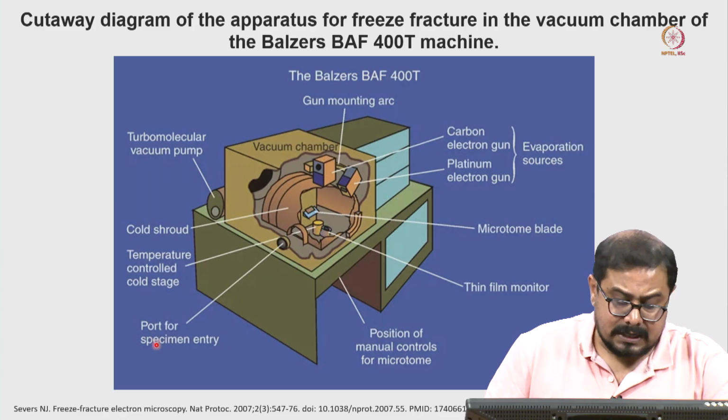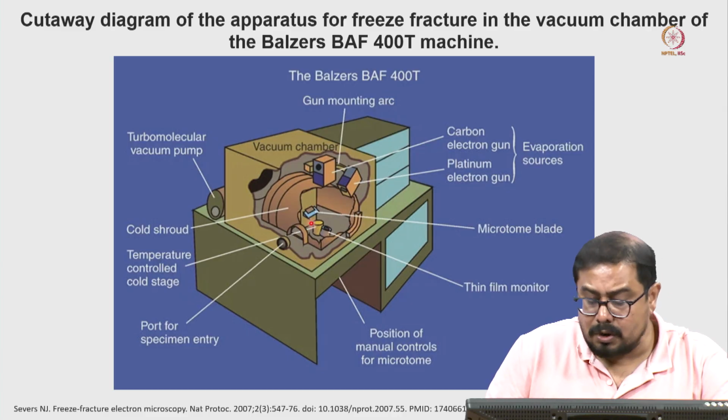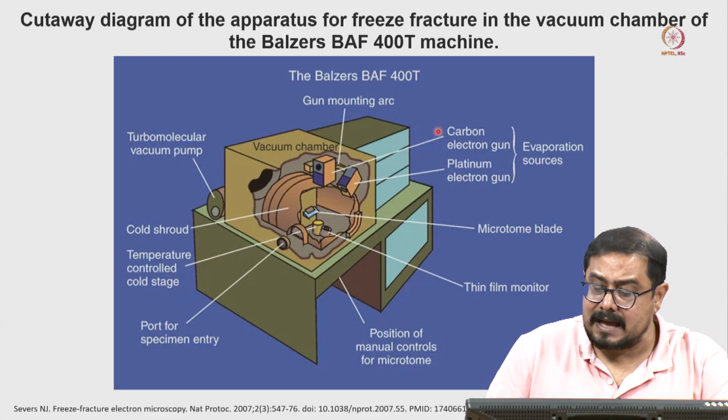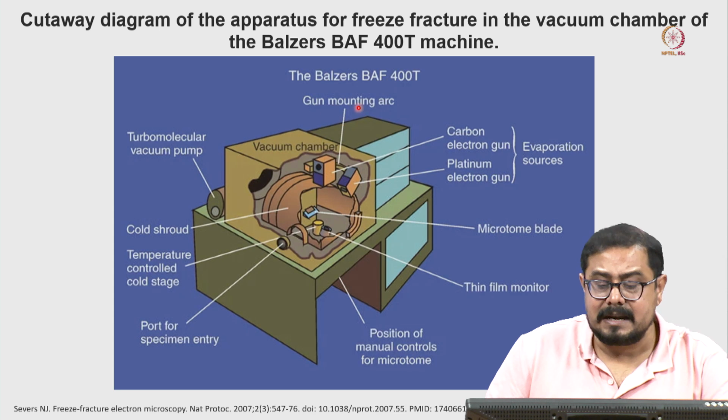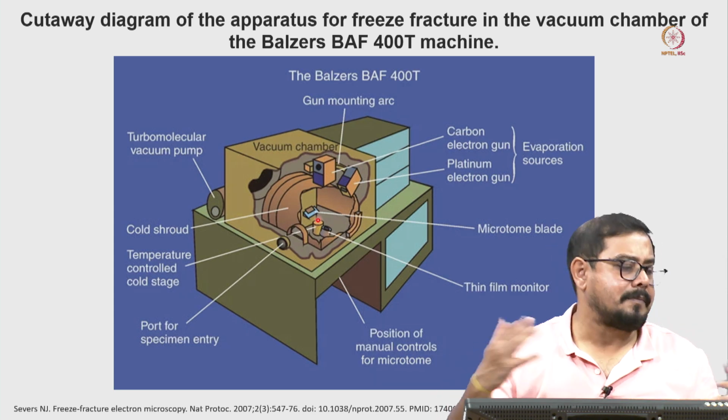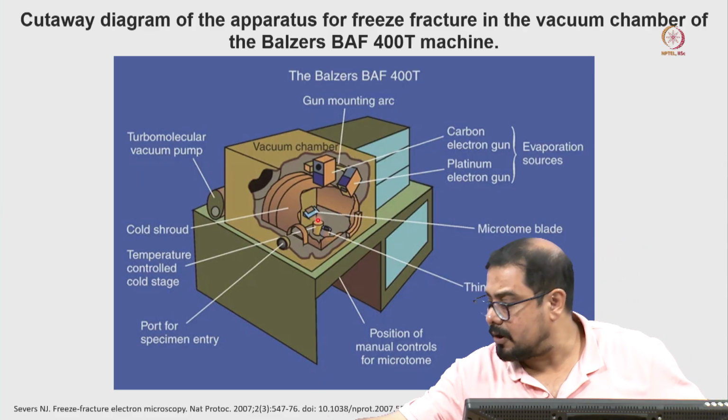Here is the port for specimen entry, through which we put the specimen, and then this is the carbon electron gun and the platinum electron gun. After the freeze fracture, we use these guns to coat with platinum as well as carbon. So, that I already discussed.